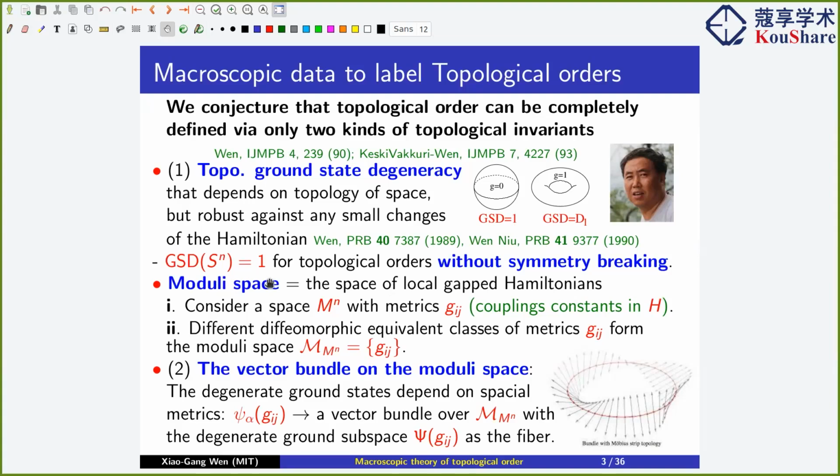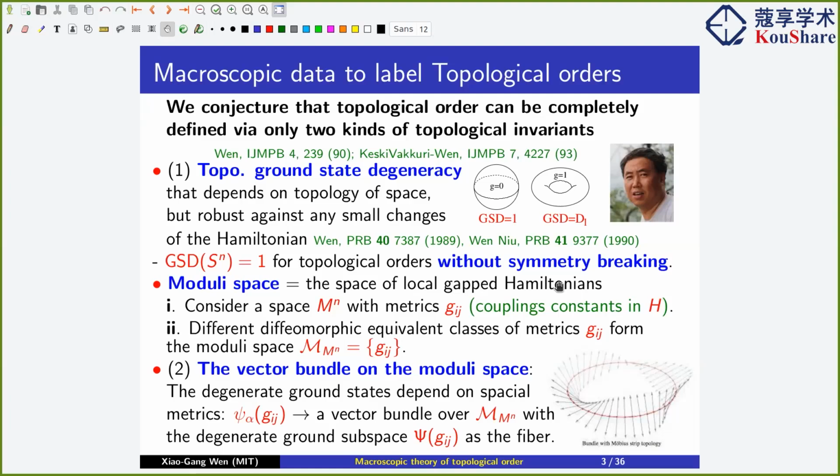The moduli space basically is just a space of coupling constants. But it's not arbitrary coupling constants. It's coupling constants such that they give rise to a gapped Hamiltonian. When you vary the coupling constants, your Hamiltonian may go through a transition and become gapless.